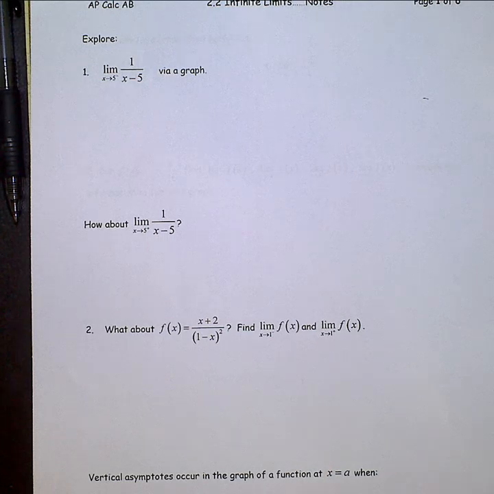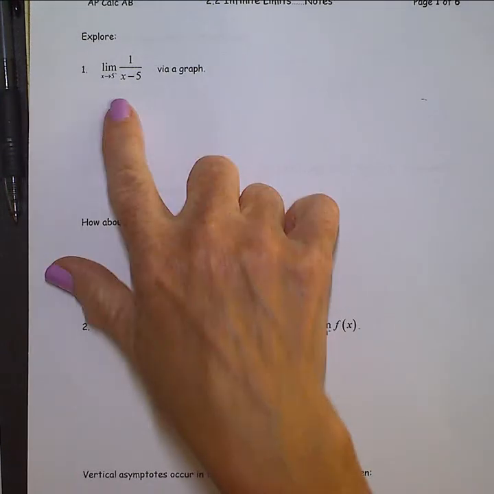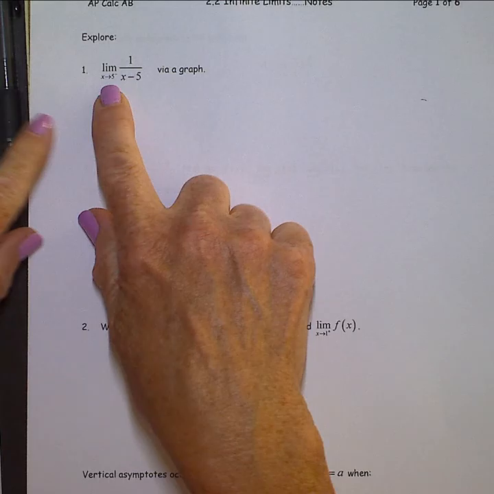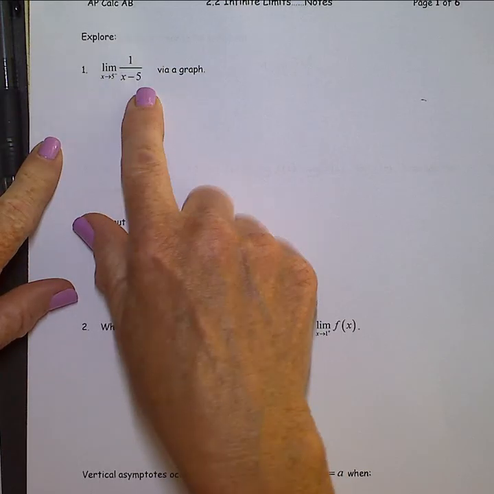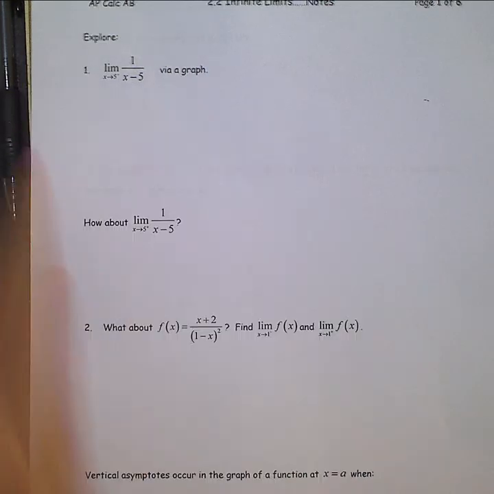Okay, so go ahead. We're going to look at some limits today. This one first. The limit as x approaches 5 from the left of 1 over x minus 5. So I want you to pull up the graph. Go ahead and graph that.